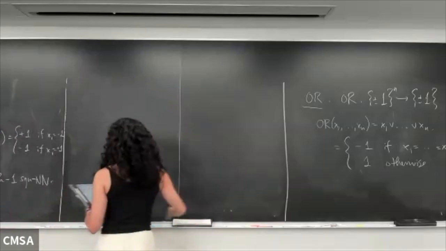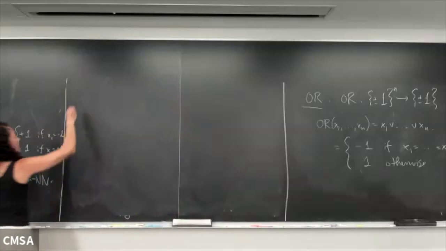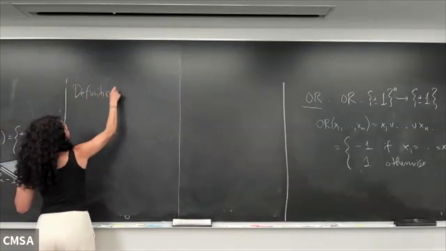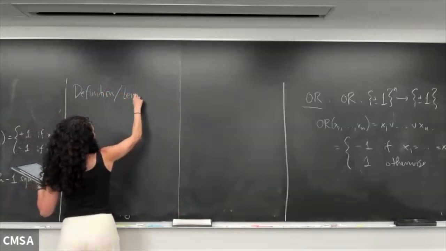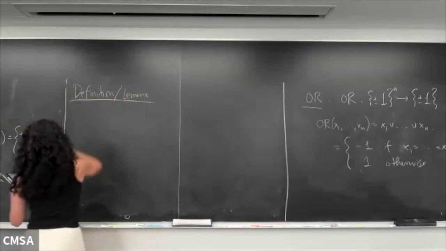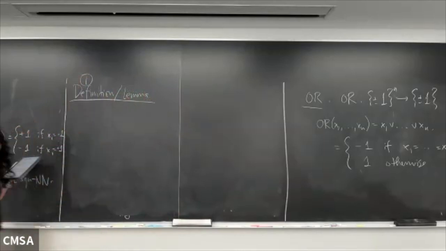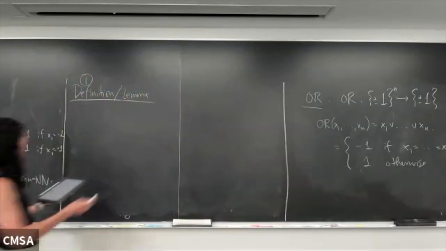So now let me give a definition slash lemma. And in the sketch of the proof, this is where I'm defining disjunctive normal form. So you can probably see where I'm going here, if you know disjunctive normal form already.